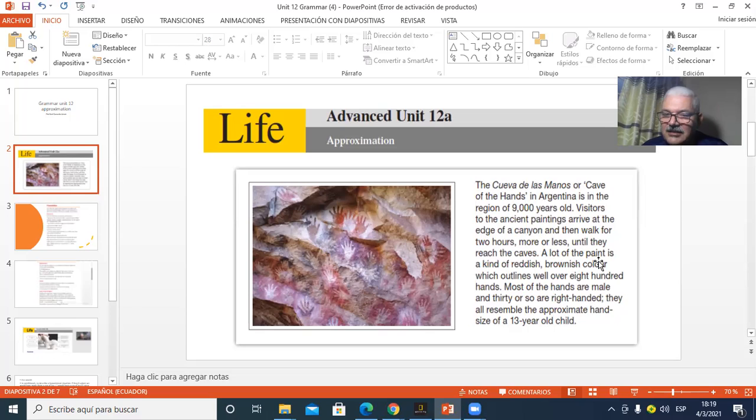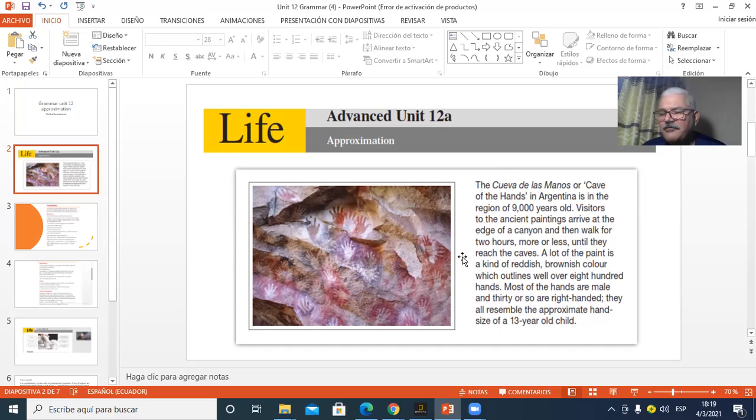A lot of the paint is a kind of reddish, brownish color, which outlines well over 800 hands. Most of the hands are male, and 30 or so are right-handed. They resemble the approximate hand size of a 13-year-old child.